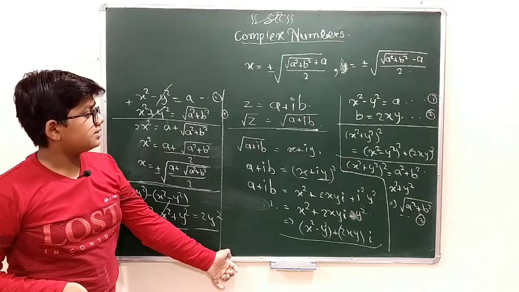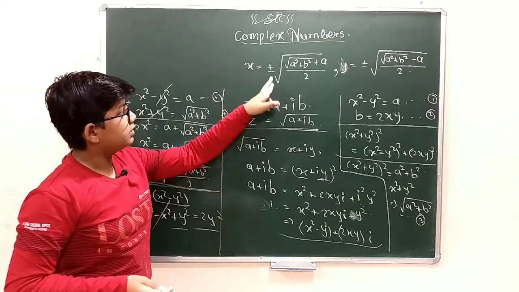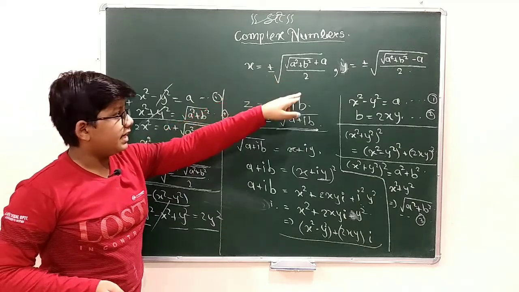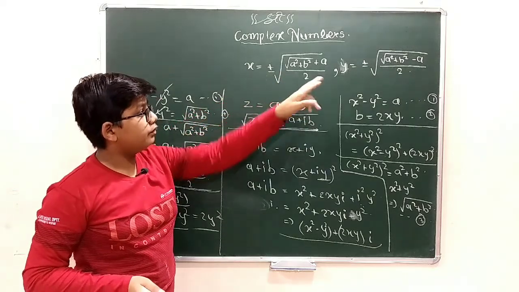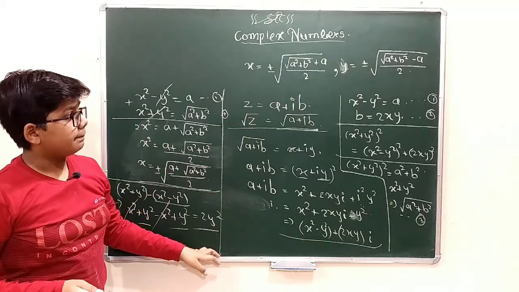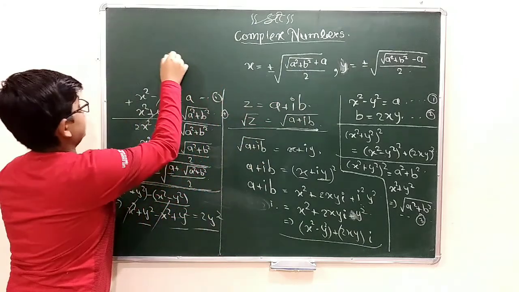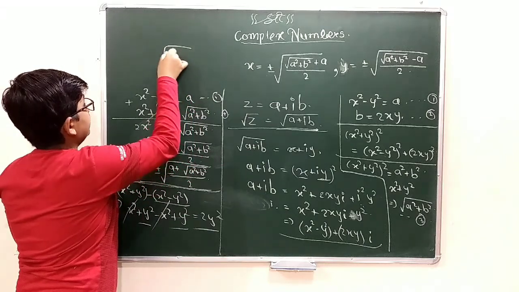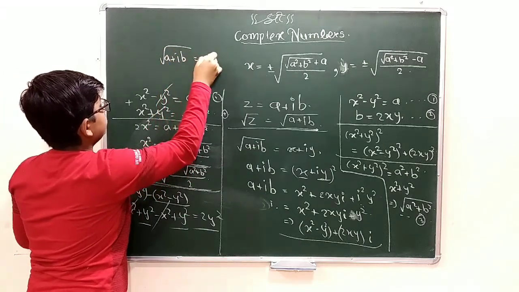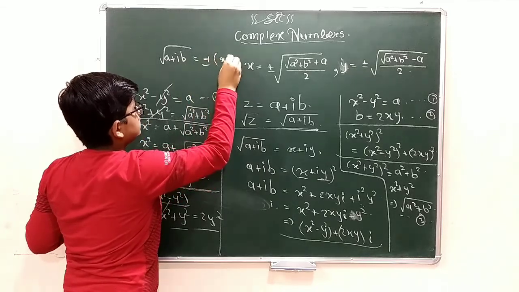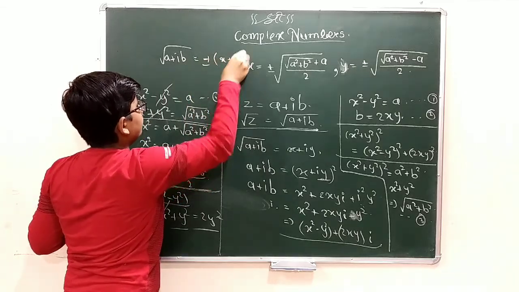Now we can write x plus iy as plus or minus root of a squared plus b squared plus a upon 2 plus i into square root of a squared plus b squared minus a upon 2. Now we have to put the plus or minus sign. So square root of a plus ib is equal to plus or minus x plus iy.